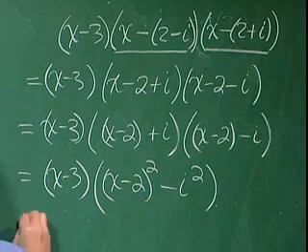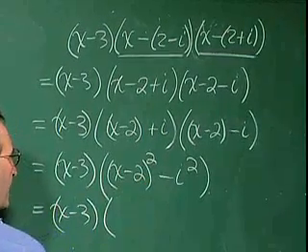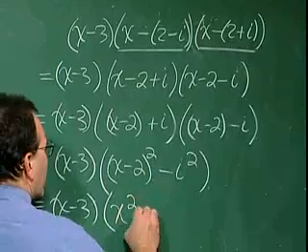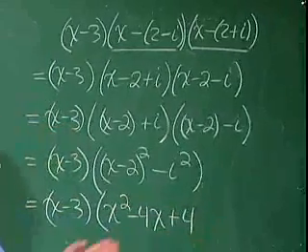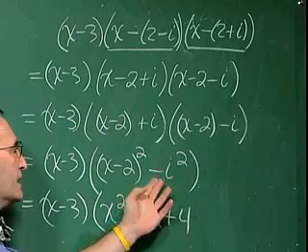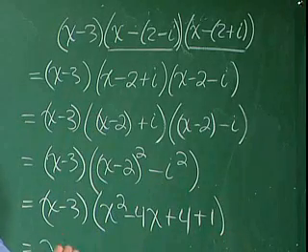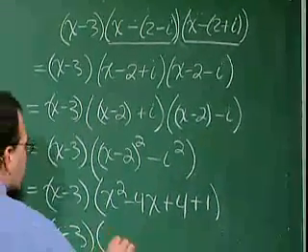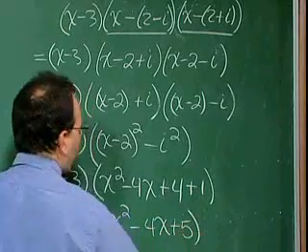So now what we have is x minus 3, and then we have to expand this. It becomes x squared minus 4x plus 4. And then remember that i squared is negative 1, so minus a negative 1 is plus 1. All right, so now we have x minus 3 times x squared minus 4x plus 5.